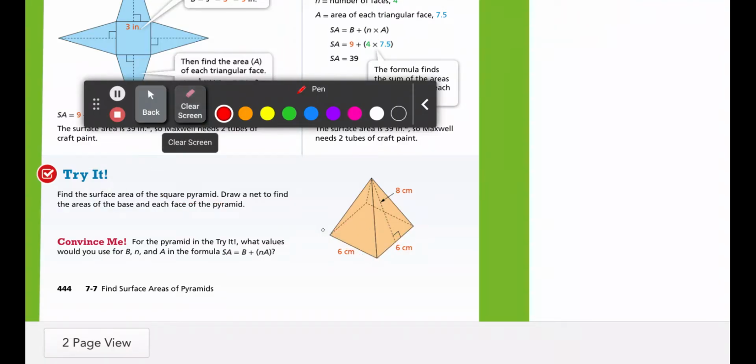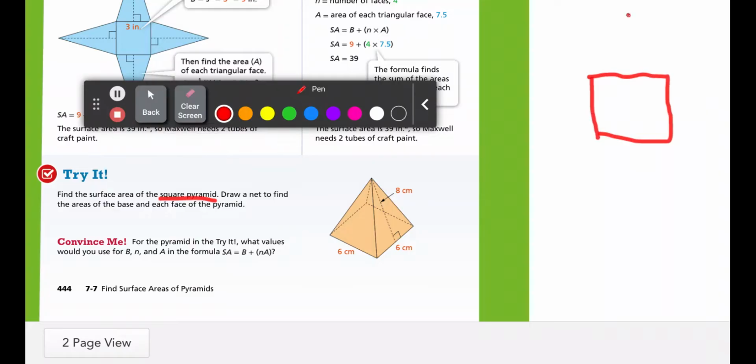So I am going to sketch our net. The easiest way to sketch the net of a square-based pyramid would be to make our square. You should be sketching it the best you can in your notebook. A square should have four equal sides, so you should try and sketch that as close as you can.